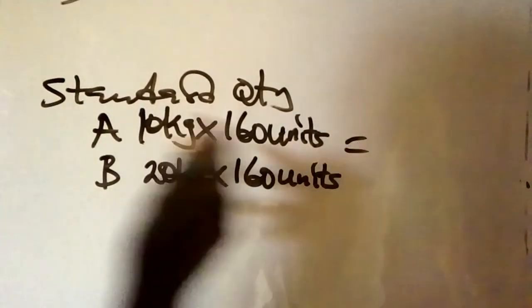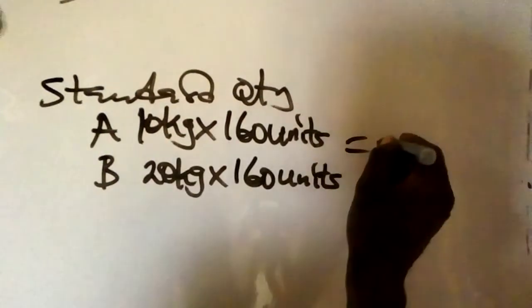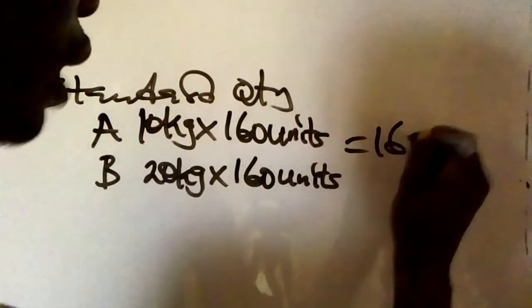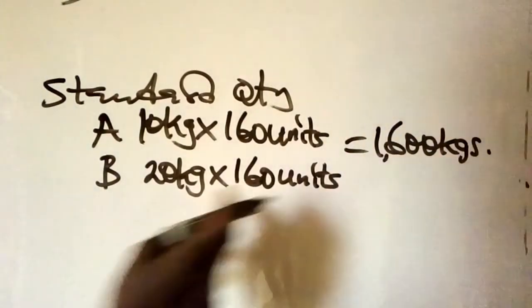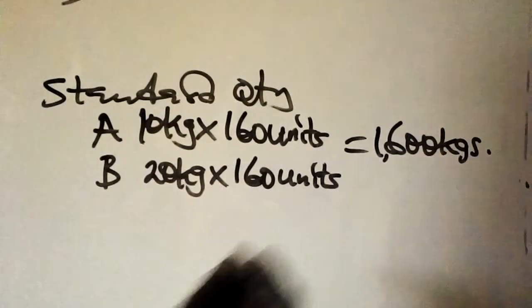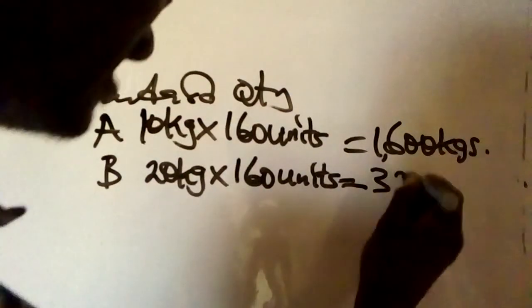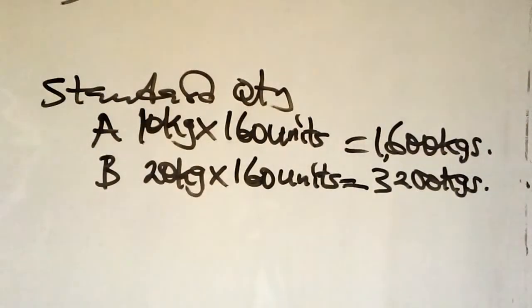So 10 kg multiplied by 160 units means the input expected to use is 1,600 kgs. And 20 times 160, then we have 3,200 kgs. These are the standard quantities.